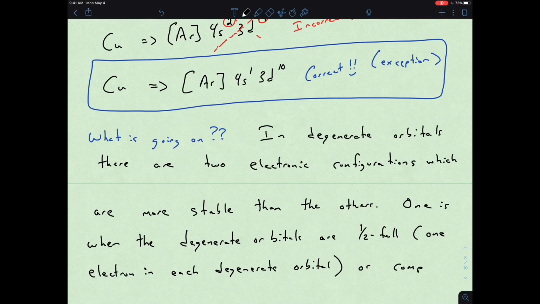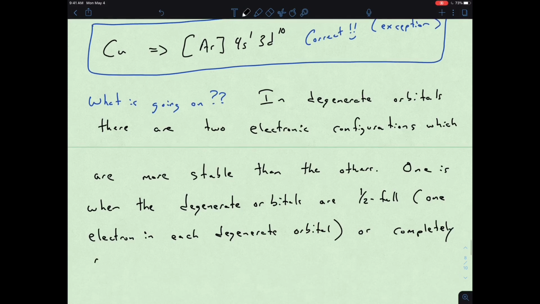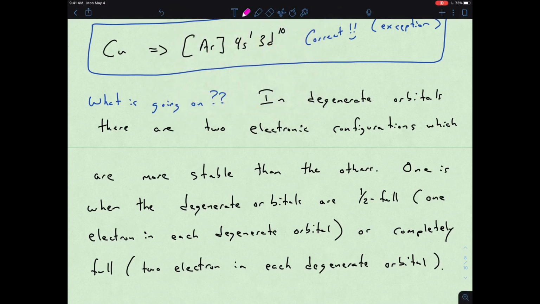Or completely full, where now we have two electrons in each degenerate orbital. So there's this inherent stable state.